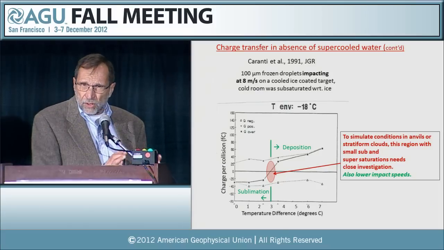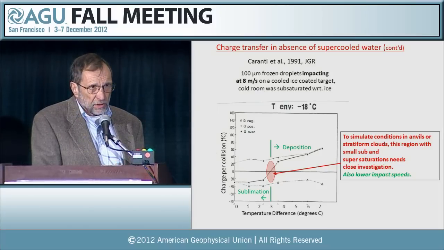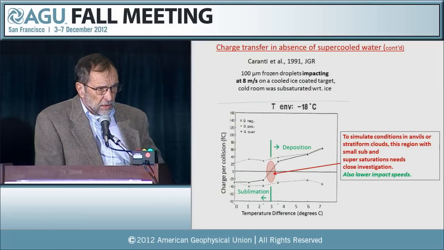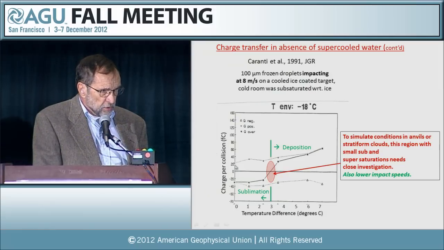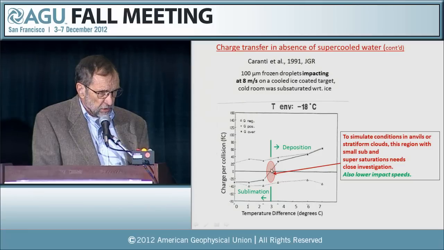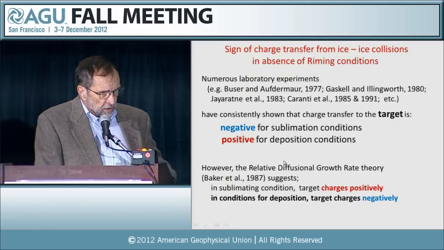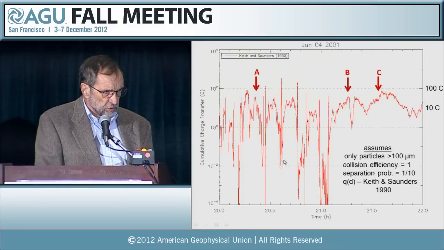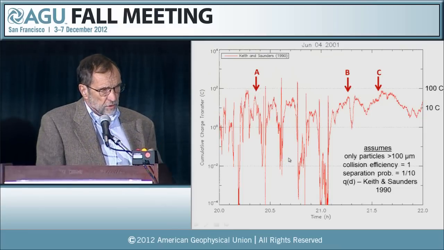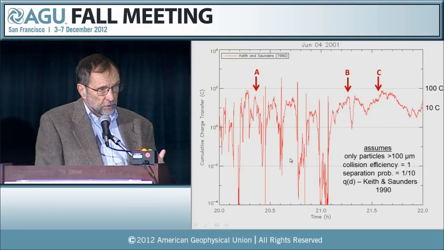So if we're really going to look in an anvil or in the stratiform region, we really need to be talking about sub- and supersaturations in a much smaller range, of just a small fraction. I don't have time really to go into the sign of the charge transfer, although it's very interesting and controversial.